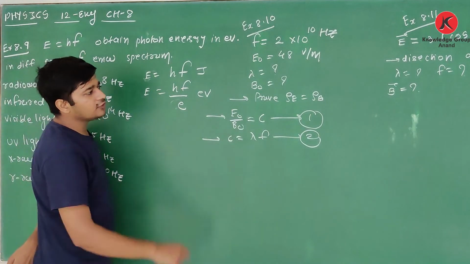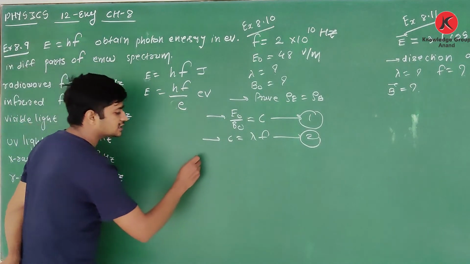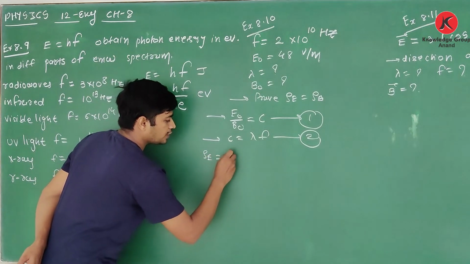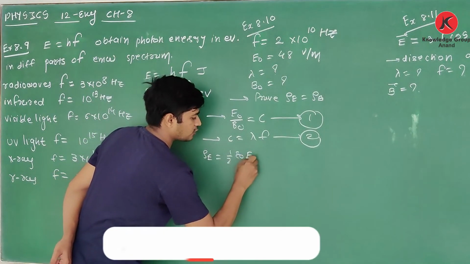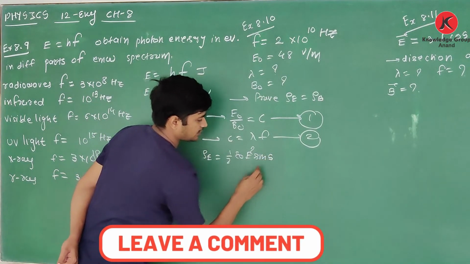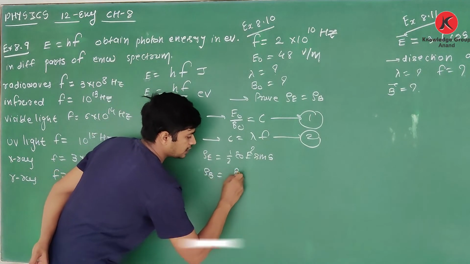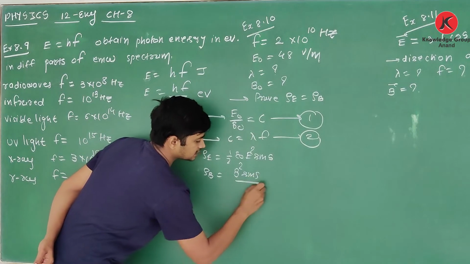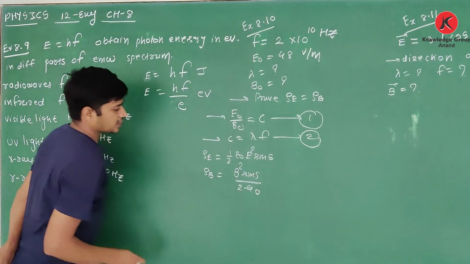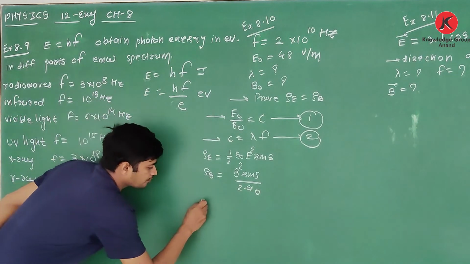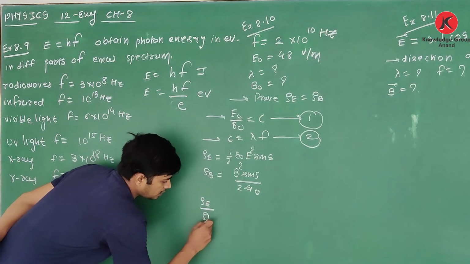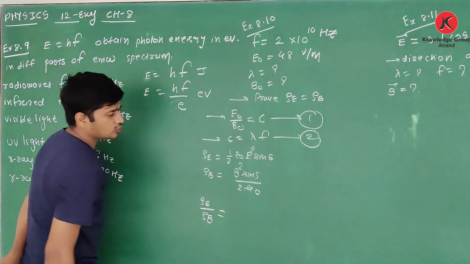Prove that rho E is equal to rho B. What is the energy density of the electric field? Rho E is half epsilon 0 E square RMS. Rho B, energy density of the magnetic field, is B square RMS upon 2 mu 0. Now take the ratio, rho E upon rho B. The 1/2 cuts.